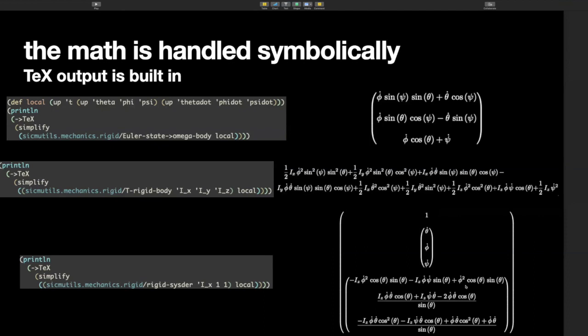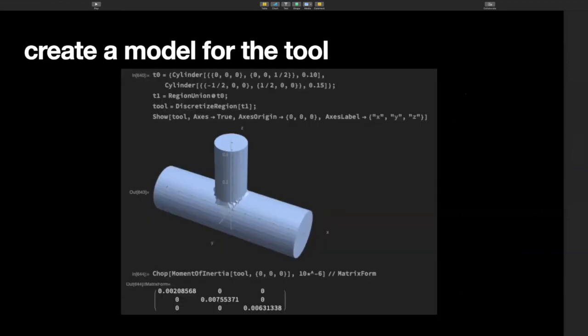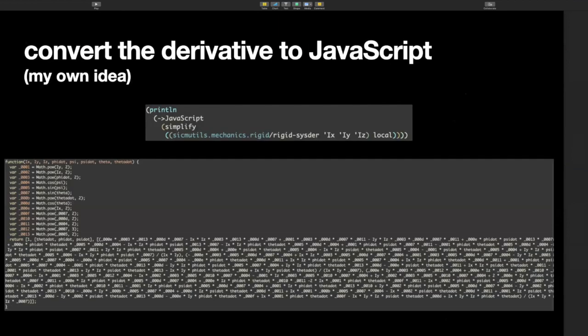One of the insights I had that woke me up about this is that if you can convert the Lisp into infix notation for typesetting, you could convert the expression into infix notation for JavaScript, and that is what we're going to do next. So instead of converting to TeX, we're going to convert to JavaScript, that expression you saw, that big thing here.